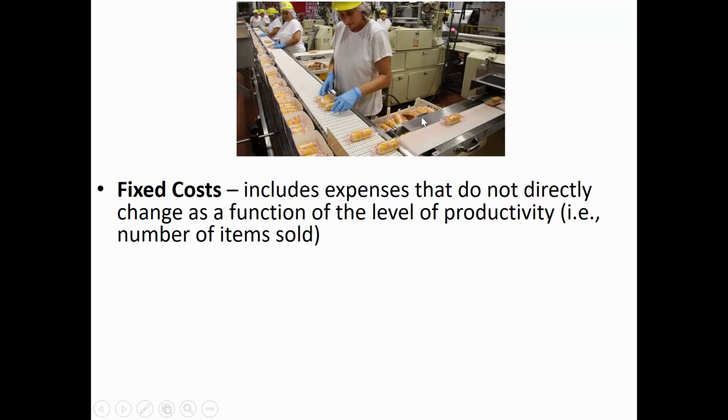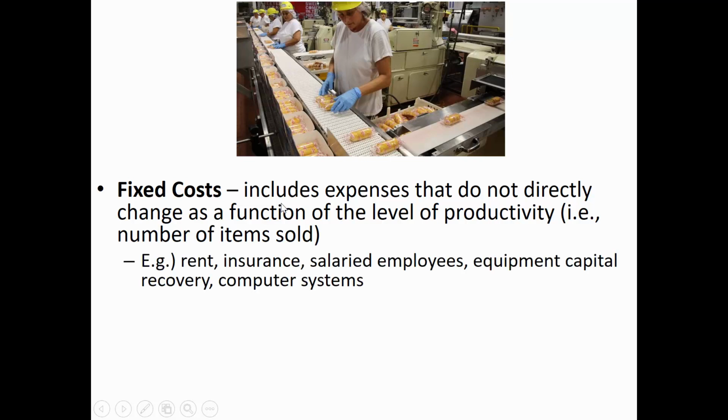The heating and cooling costs for the building may be fixed, because if the thermostat is set to 72, it may kick on whether or not anyone is in the warehouse, though maybe it kicks on more frequently if the machines are running. That could be argued. But a lot of times, other expenses like insurance are considered fixed costs, because you have to continue to pay the insurance regardless of whether you're making 100 Twinkies a month or 1,000,000 Twinkies per month. So that's fixed costs.